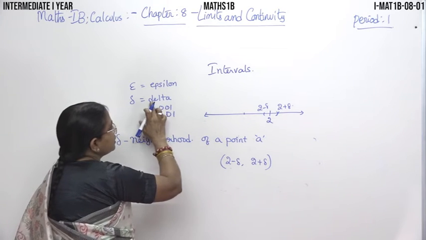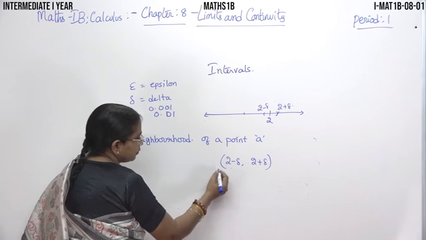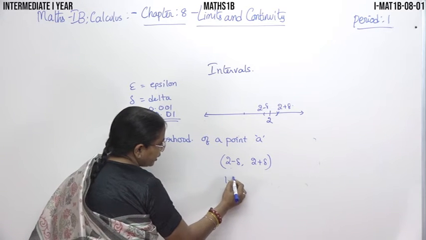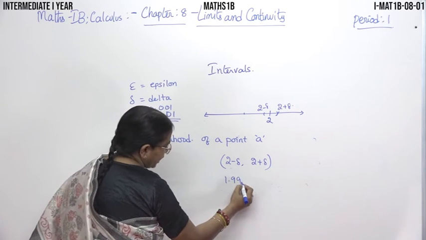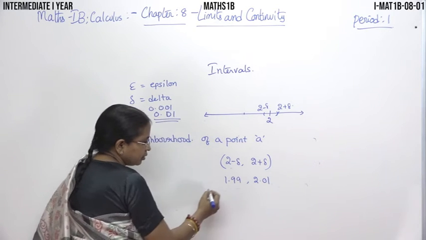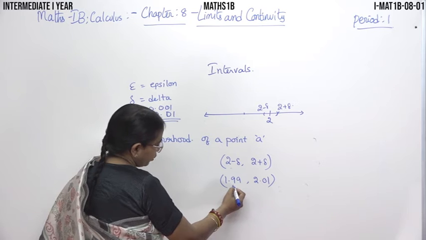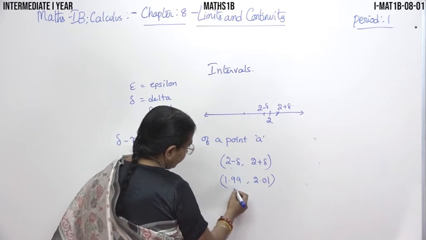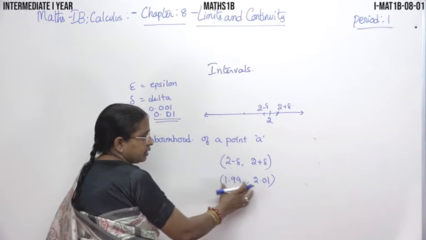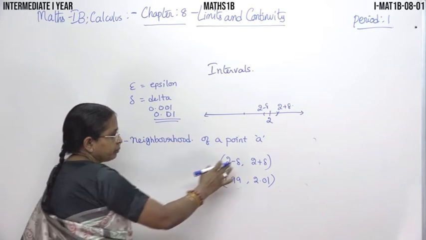So what is delta? Delta is a very small number. Suppose delta is 0.01. Then this will be 1.99 and then 2.01. So you can see this is the delta neighborhood of A. This interval is the 0.01 neighborhood of the point 2.